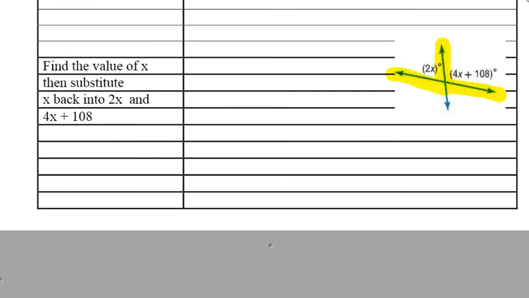They have a sum of 180 degrees. So this 2x plus this 4x plus 108 equals 180 degrees. So 2x plus 4x plus 108 equals 180 degrees.